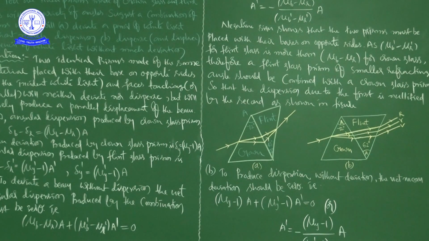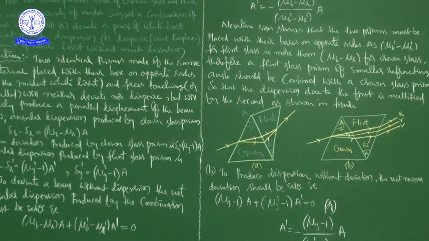Here, if you observe carefully, there is no space to write, that's why I am saying you just concentrate. We take a crown glass prism of certain angle and go on increasing the angle of the flint glass prism till the deviations due to the two prisms are equal and opposite.